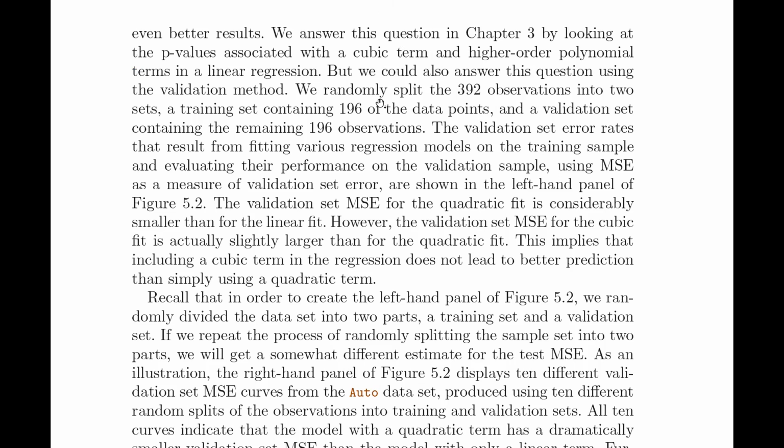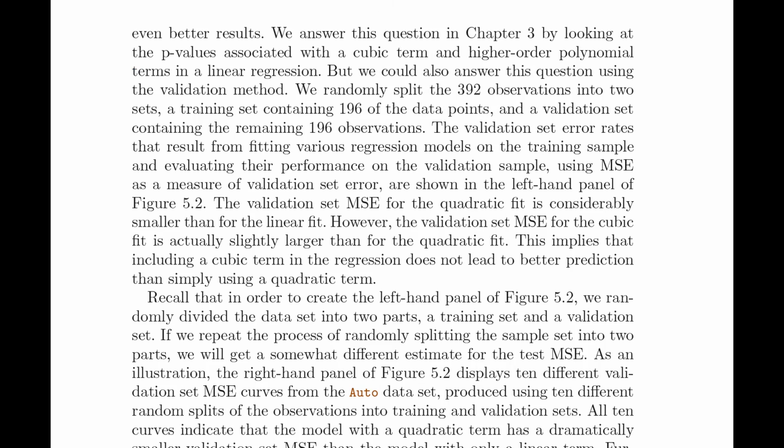But we could also answer this question using the validation method. We simply split the 392 observations into two sets, a training set containing 196 of the data points and a validation set containing the remaining 196 observations.